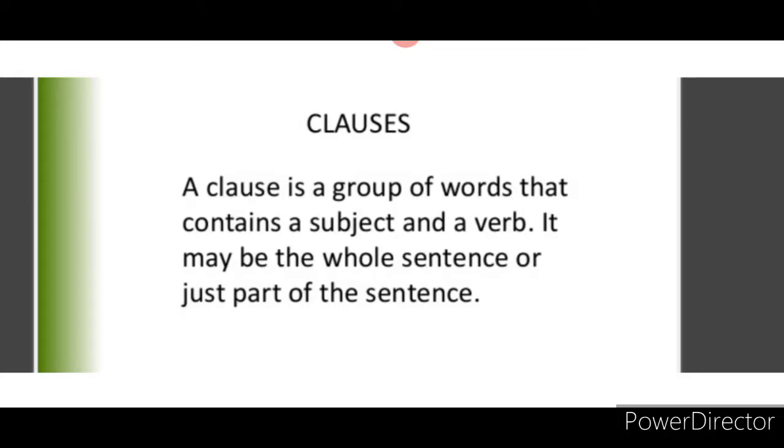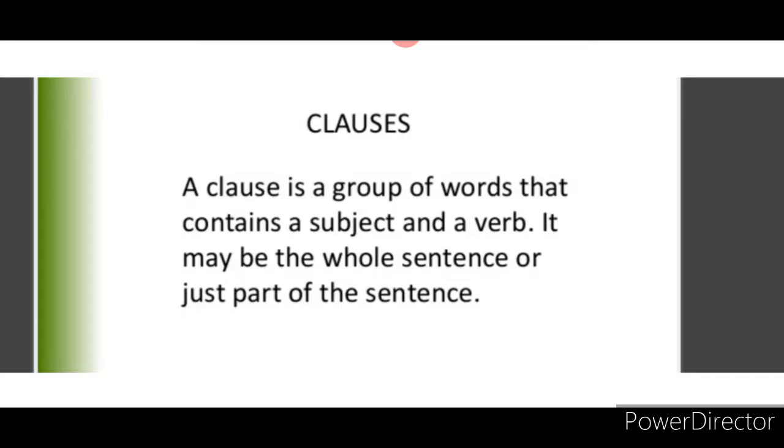Children, in the last class we have learnt about subject. What is subject? To get the subject, we have to ask the question who. It comes before the verb. It consists of a noun or pronoun and it occurs before a verb.